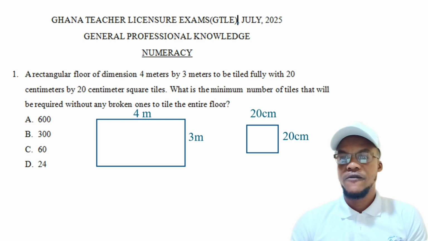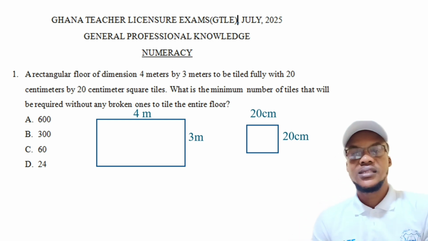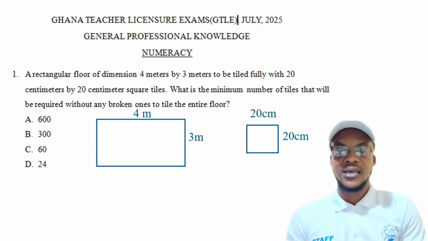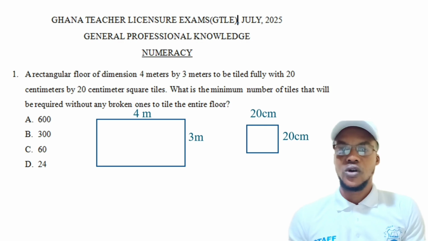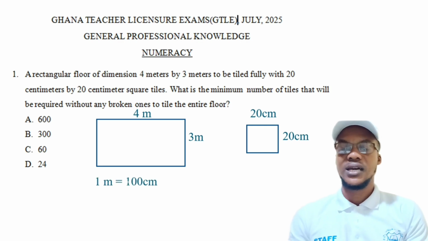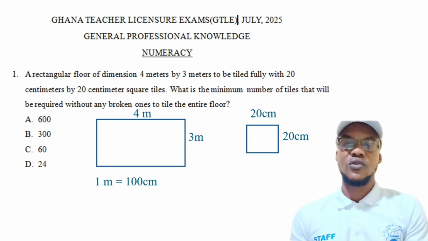So how many centimeters does a meter give? That's what we are going to talk about. We know that 1 meter is equal to 100 centimeters. If 1 meter is equal to 100 centimeters, then what do we do?